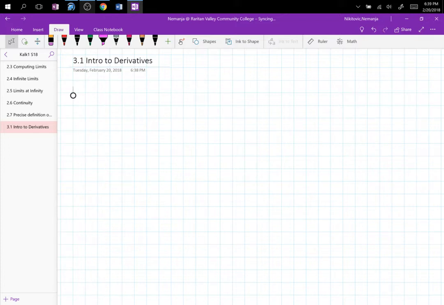So we said calculus consists of 3 topics: limits, derivatives, and integrals, where both derivatives and integrals, at least the definite ones, are going to be described, explained through the concept of a limit.